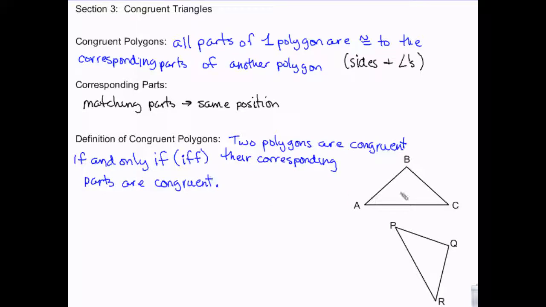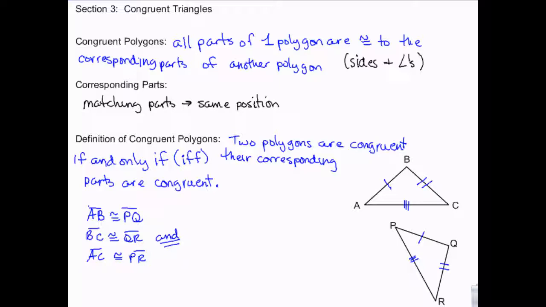Okay, so that means that if these two triangles are going to be congruent, I would have to look at the rotation and everything. So AB would have to be congruent to PQ. BC would have to be congruent to QR. AC has to be congruent to PR.